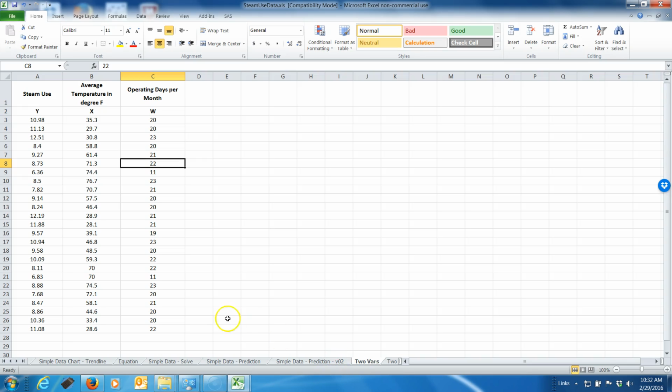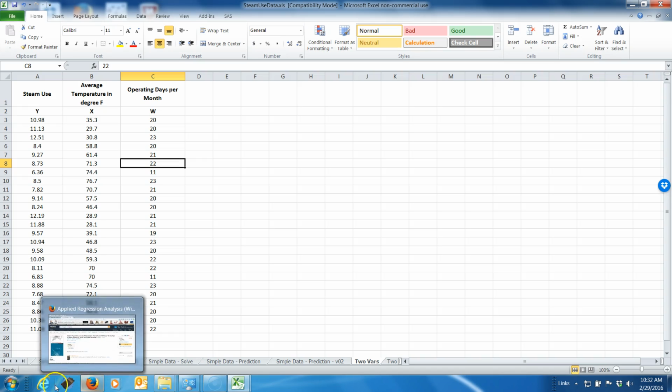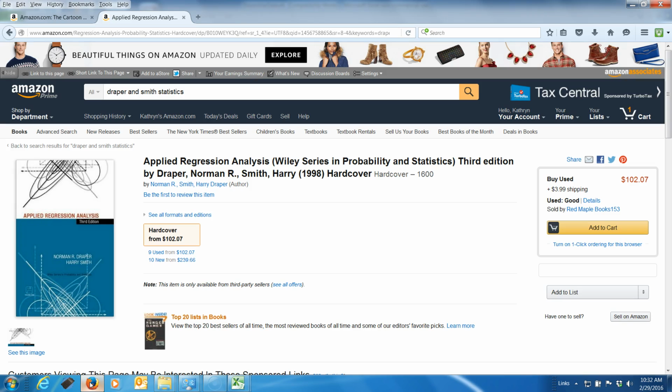But I want to very quickly show you two good resources, for the interested student who really wants to know the math behind what we're about to do. I would recommend that you get this book right here. It's called Applied Regression Analysis by Draper and Smith.